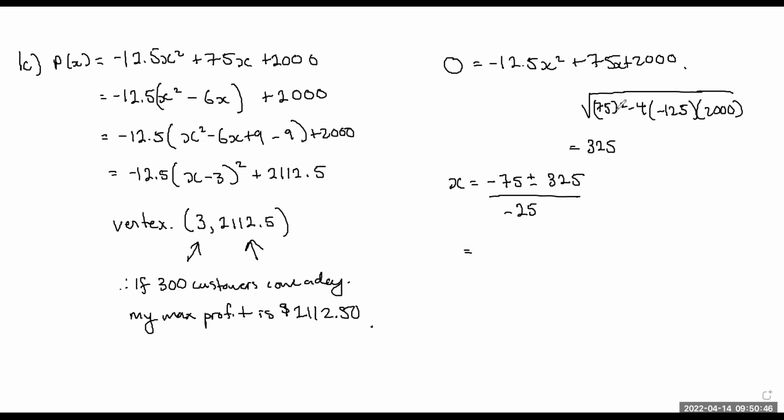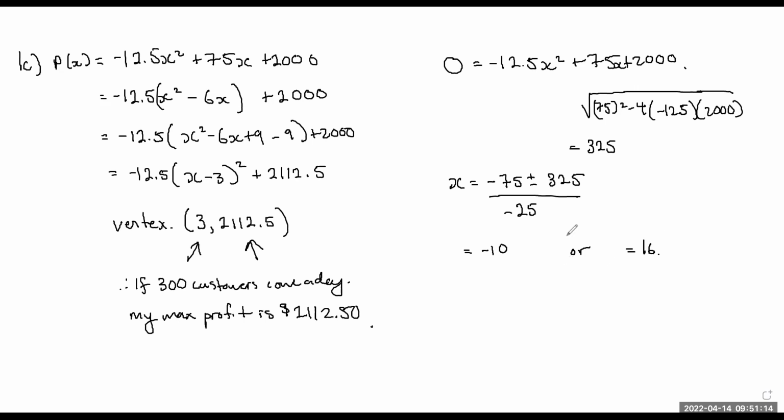Again, assuming I didn't make a calculator mistake, which I don't think I did because the numbers are nice. The X value could be negative 10, or the X value could be negative 25 minus 25 divided by negative 25. It could be 16.